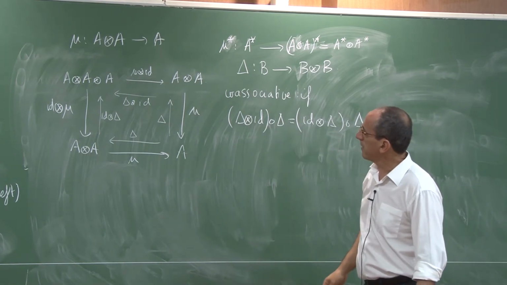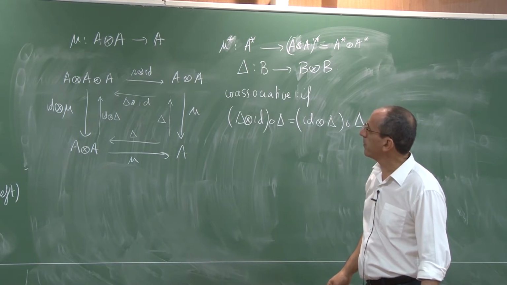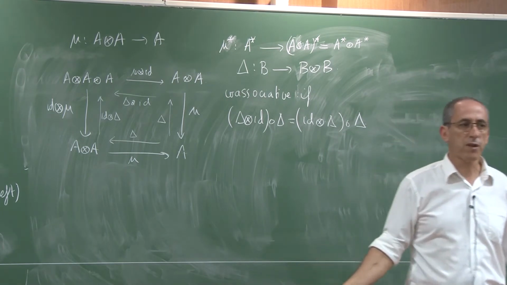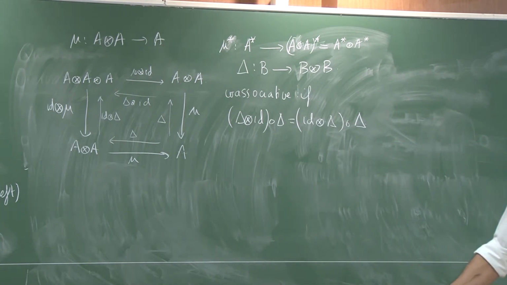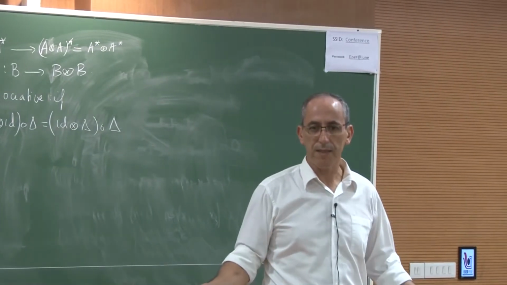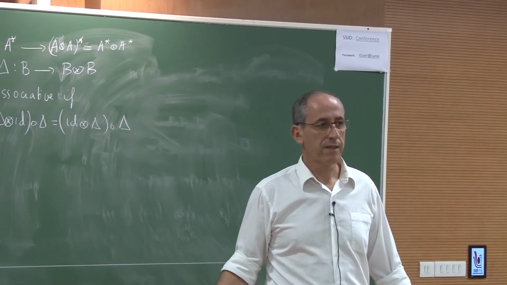In fact, the idea to use this type of algebra comes from physics. Do you know what is the main property of groups? The main property of groups is auto-duality. If you take a group and you dualize, you get a group.